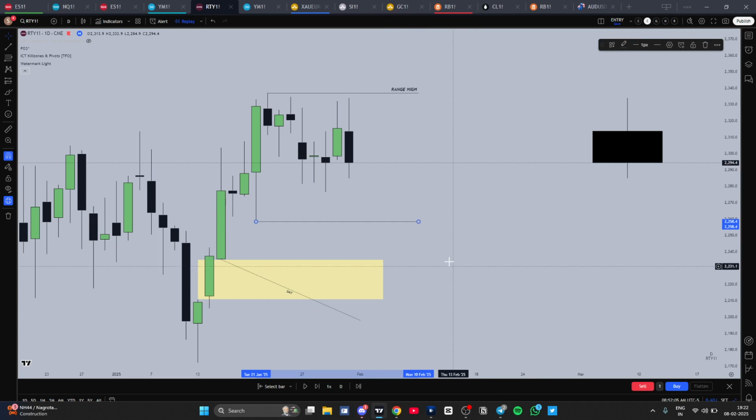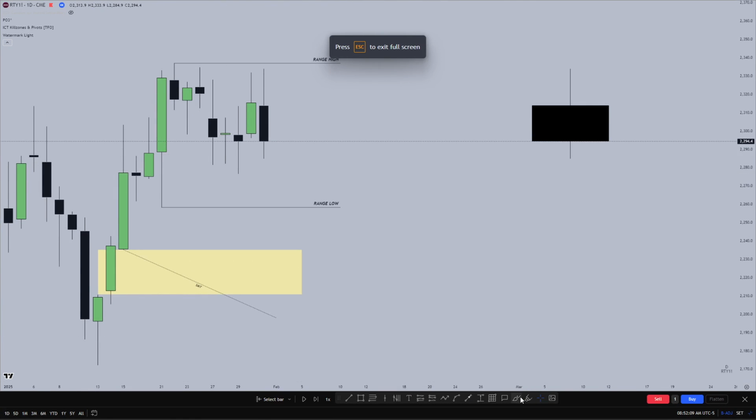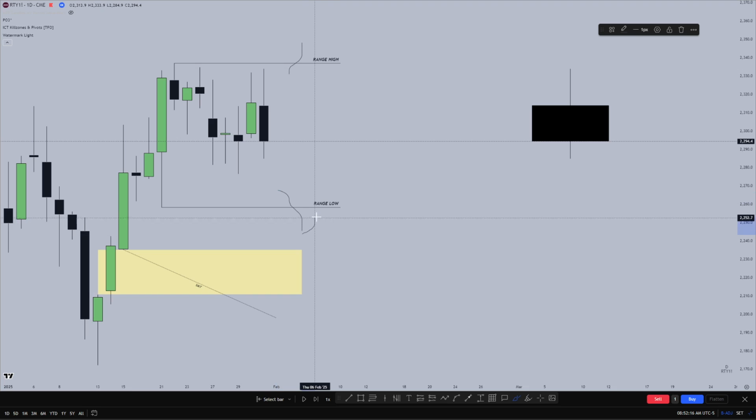Range high, range low. So to me, price is currently in this range. I want to see how it reacts to one end. If it shows lack of willingness to come back inside the range after breaking and immediately turns away again, I will frame the same direction's continuation. Same with here. This move back inside tells me everything.